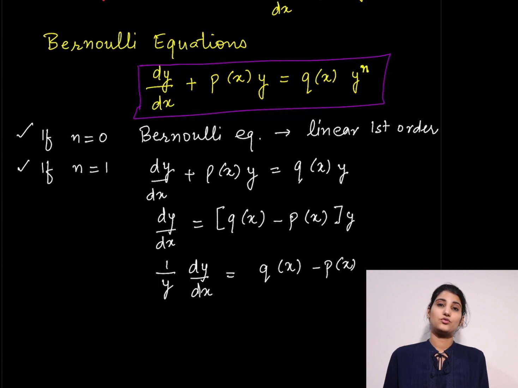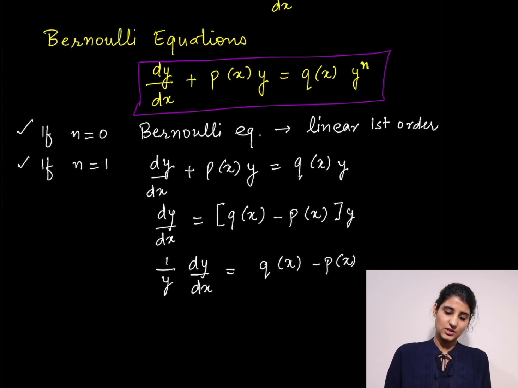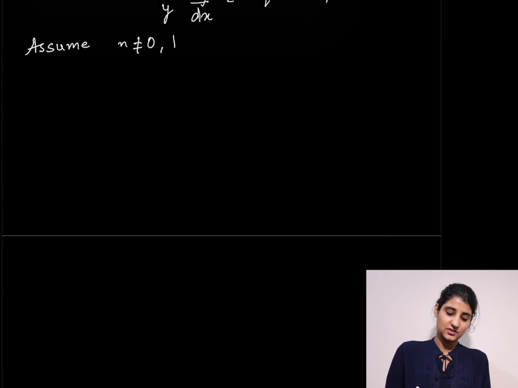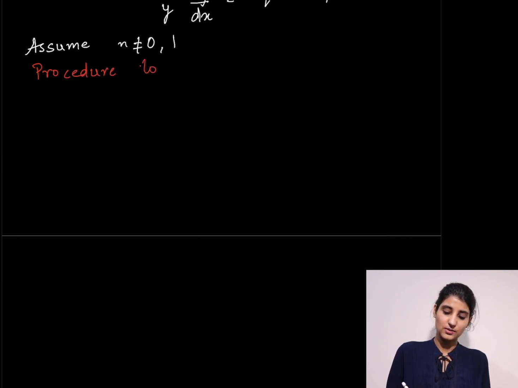Now we will look at the cases when n is not equal to 0 and not equal to 1. So now we are assuming n is not equal to 0 and not equal to 1. Now let's see the procedure to solve the Bernoulli equation.